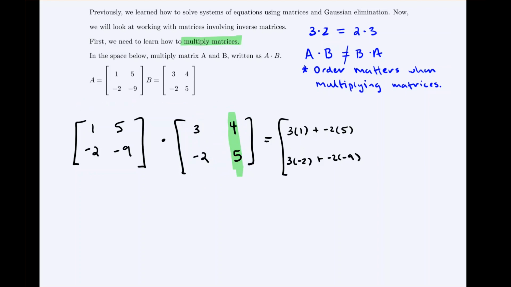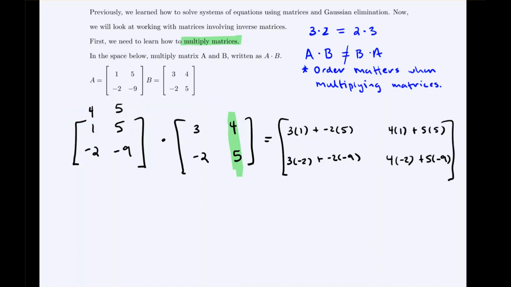So that would leave me with a 4 here, a 5 here, and now I multiply it by the second row, which would give 4 times -2 plus 5 times -9. And since I've now multiplied this by all the possible rows in the matrix, and I've used up the last column, you're done. There's nothing else to do, so then you close the matrix.